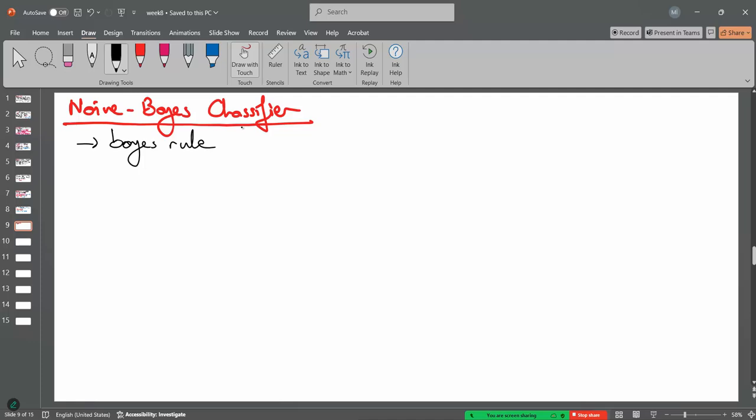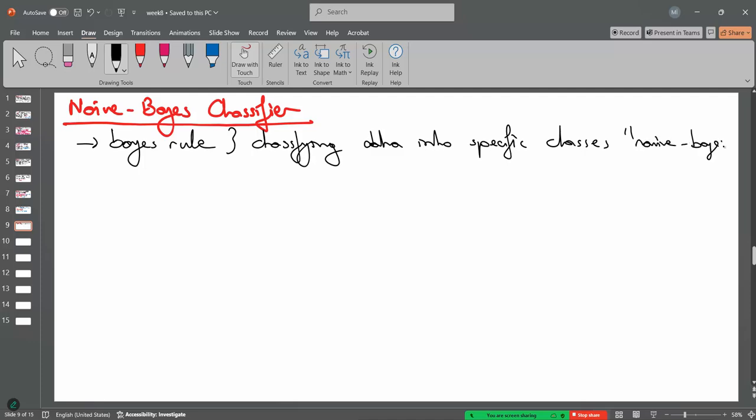So this Bayes rule can be utilized for classifying data into specific classes, which we call the Naive Bayes classifier.